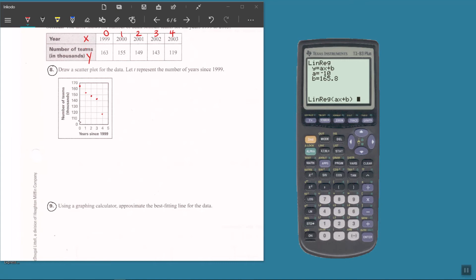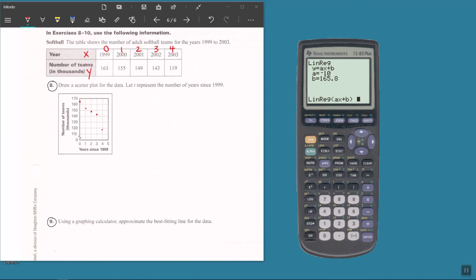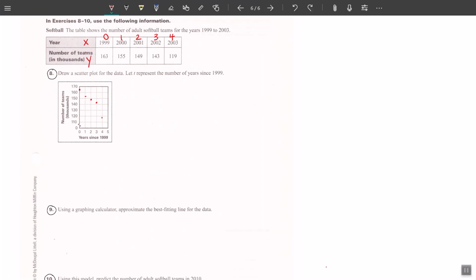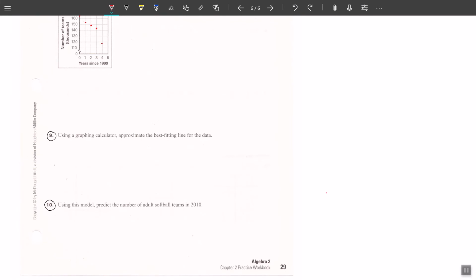And if you look at where we plotted, that's about right where the line of best fit would go through. So you take those points and use them to answer number 9. So approximate the best fitting line for the data. That would be y equals -10x plus 165.8.